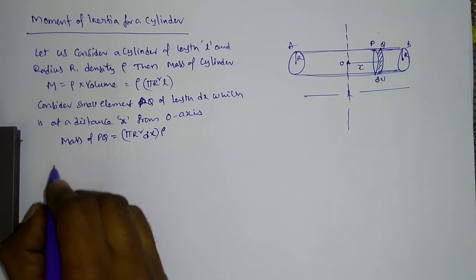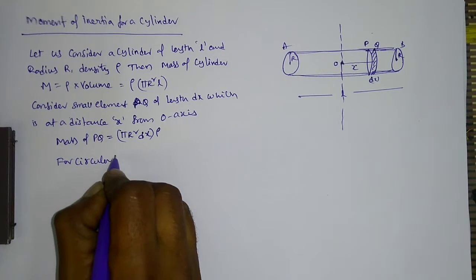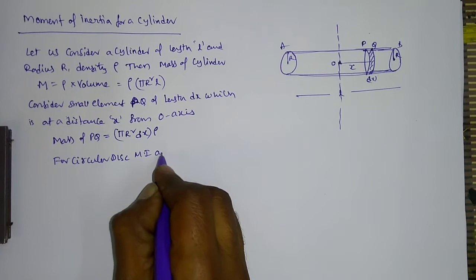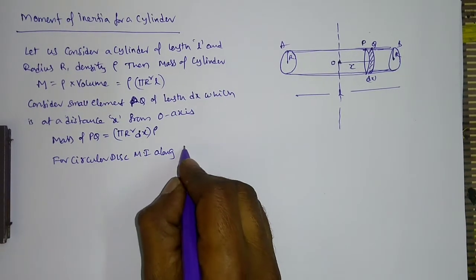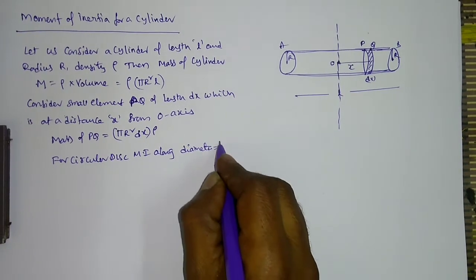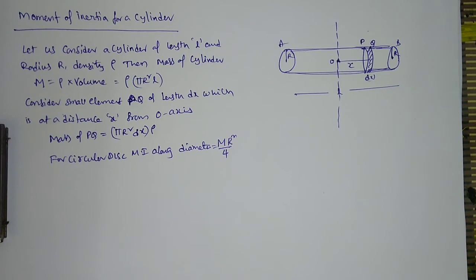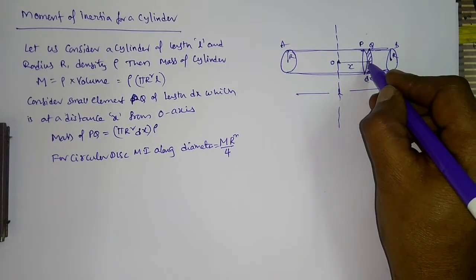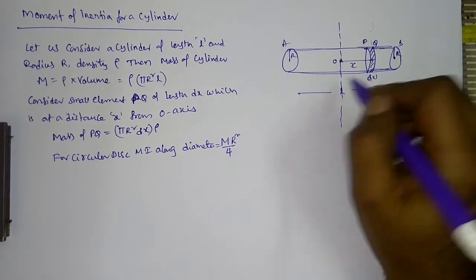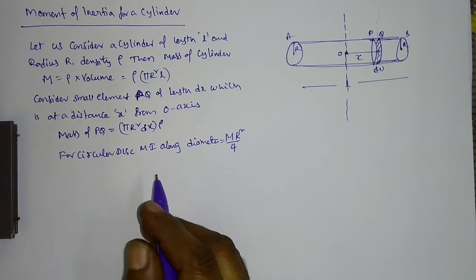So the moment of inertia for this will be mr square by 4. This is one axis, and these two can be considered as parallel axes, which means you can apply the parallel axis theorem.